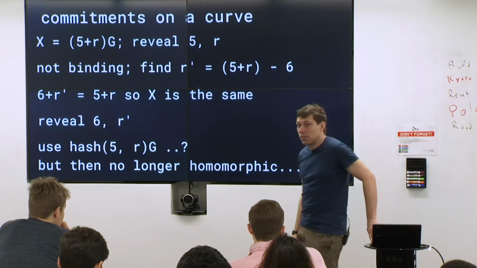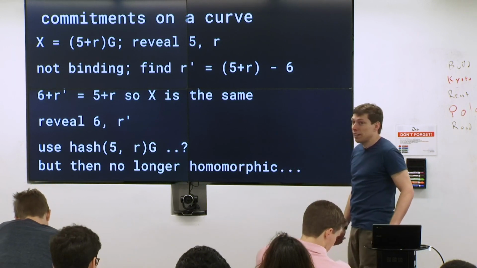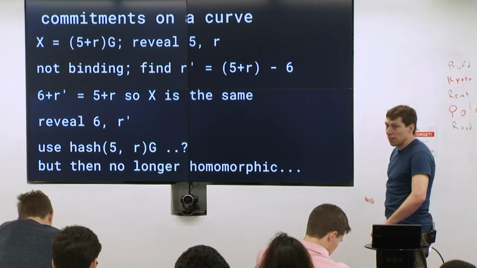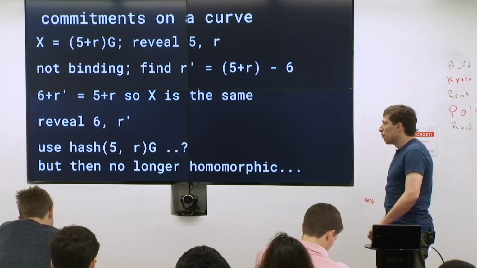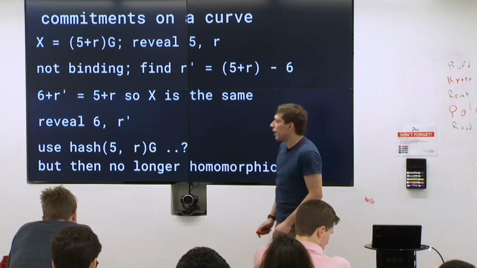So how about this? I'll hash 5 and concatenate r, and then multiply that hashed output by G? Maybe, but then it's no longer homomorphic, right? Then I can't add.